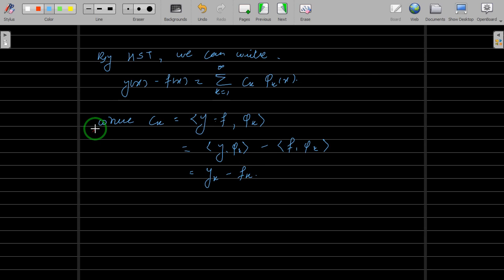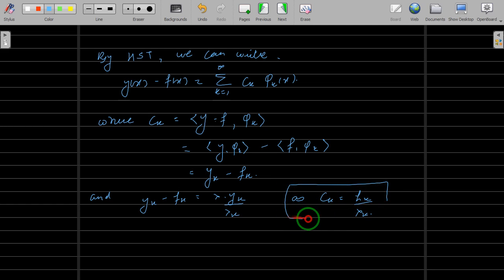and this y_k minus f_k will be equal to lambda y_k upon lambda_k. This we will form as c_k equals h_k upon lambda_k.